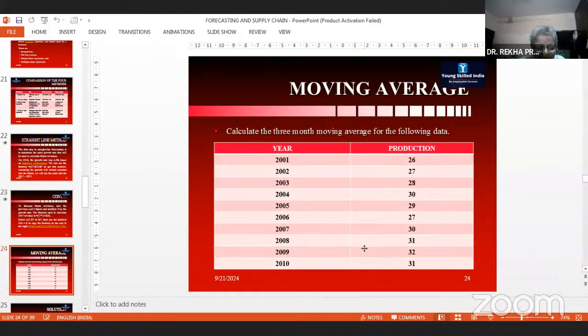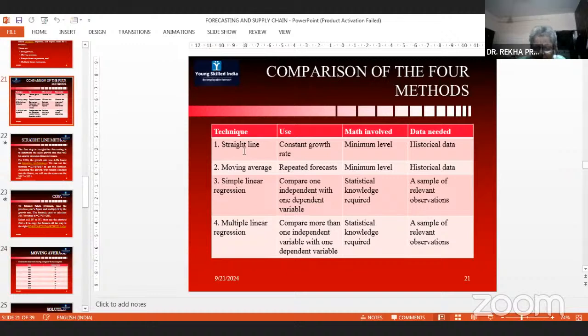This is for moving average. Like in this, first is your straight line, second is your moving average, third is your simple linear regression. Y is equal to mx plus c. You can write alpha x plus beta or whatever it is, but generally we take mx plus c, where m is the slope and c is the y intercept.